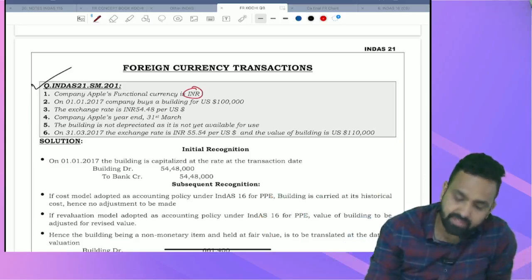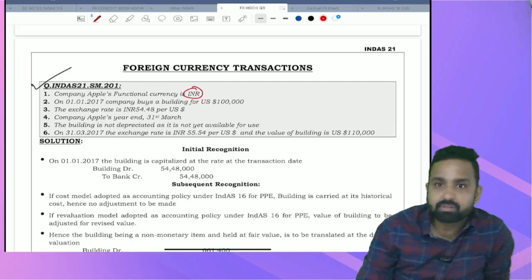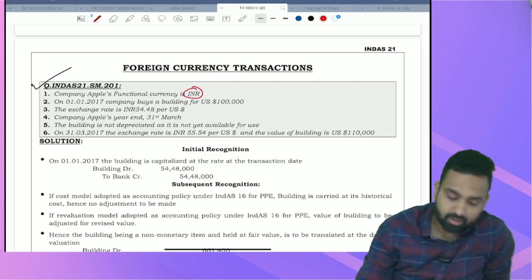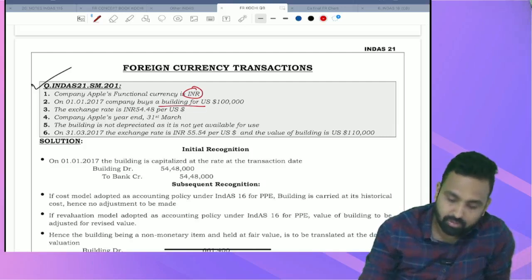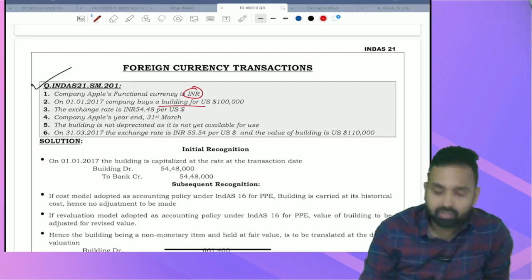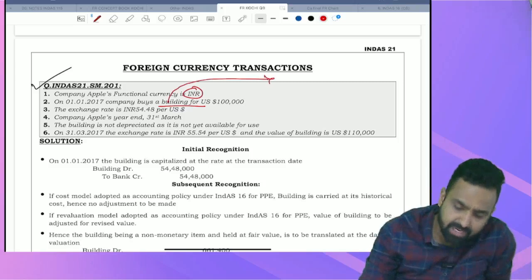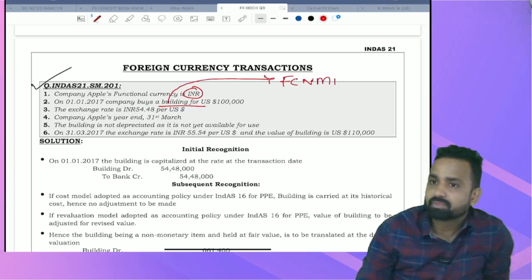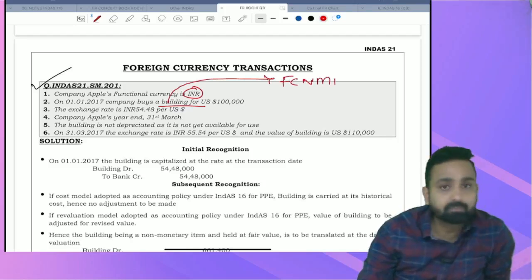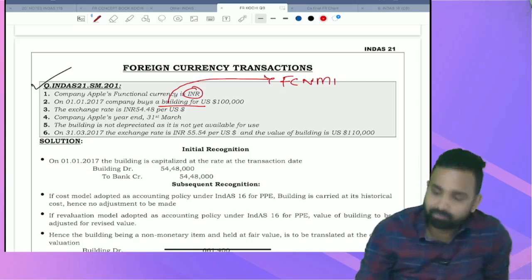Company Apple's functional currency is INR, Indian rupee. On 1/11/17, the company buys a building for a dollar amount. Can I say that the building is FCNMI? Write it. FCNMI. And why FC?